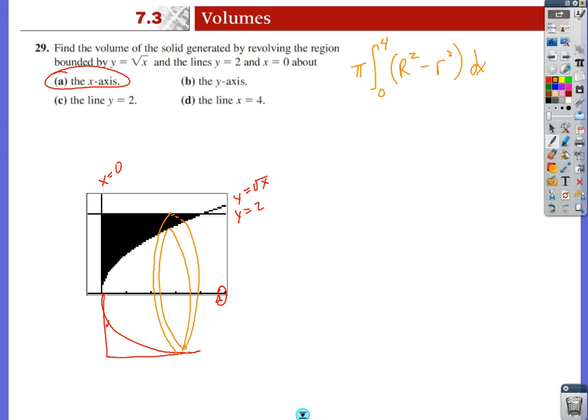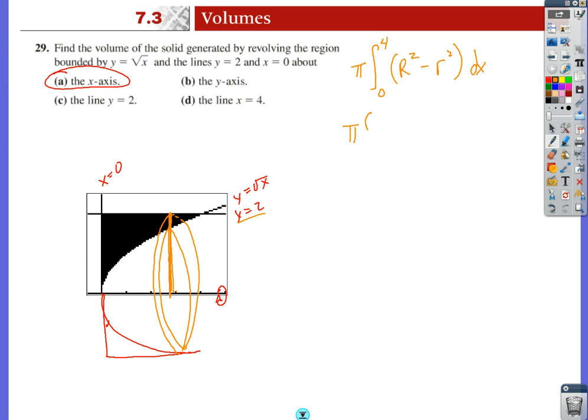So what's big R and what's little r? Again, big R goes from the center to way up here. What is that distance? That's just my y equals 2, so it's always going to be 2.